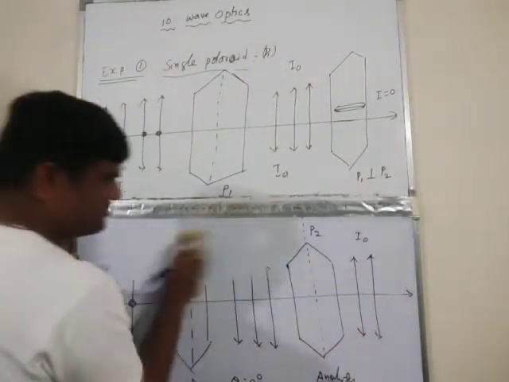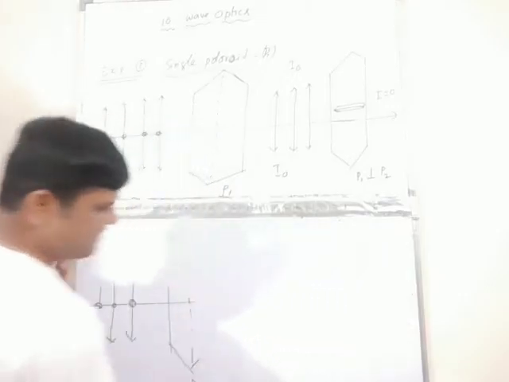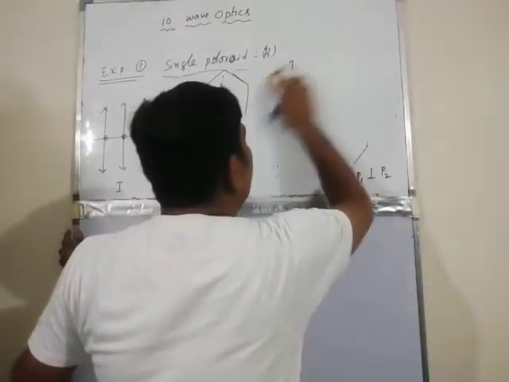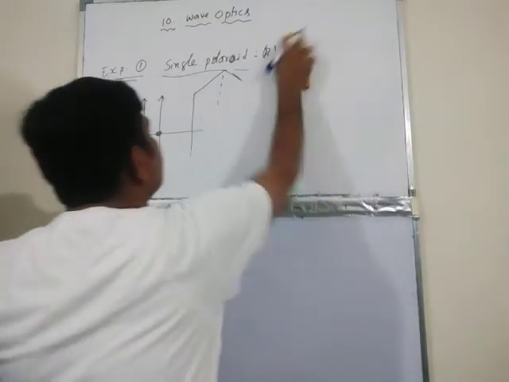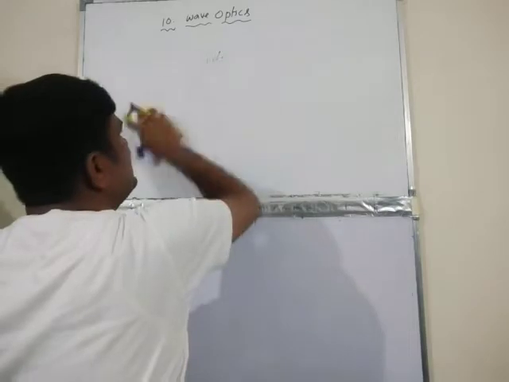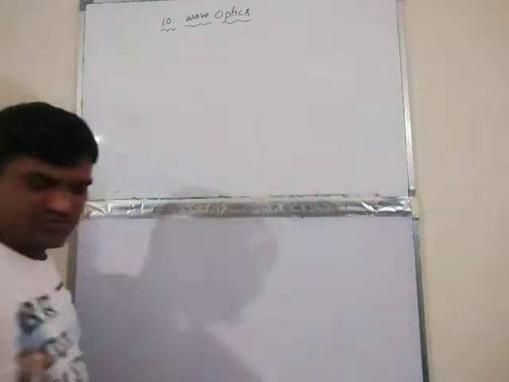So sir, for example, if the two Polaroids make some angle, that means not parallel and not perpendicular, so they are making some angle. In that case, what would happen? That is given by the famous scientist Malus.